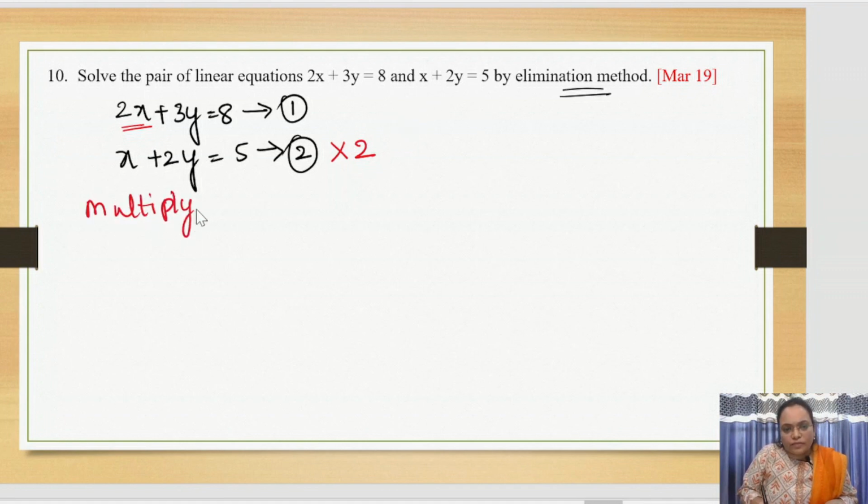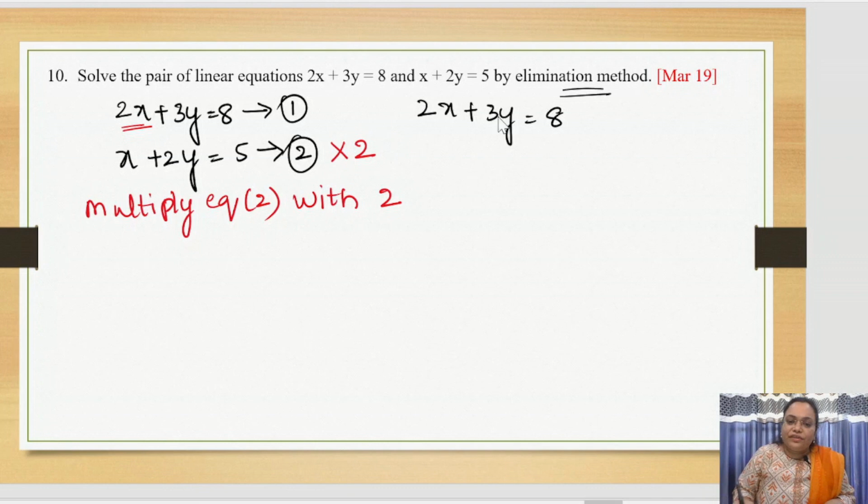So you will get 2x plus 3y is equal to 8. Equation 1 remains the same. Equation 2, when you multiply with 2, you will get 2x plus 4y is equal to 10. Now we will subtract them.